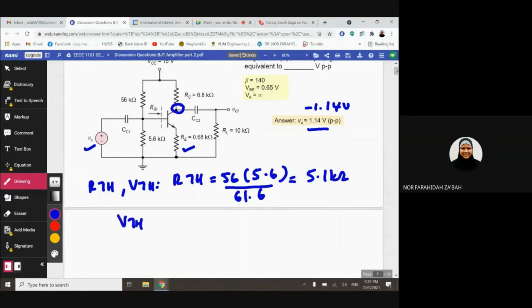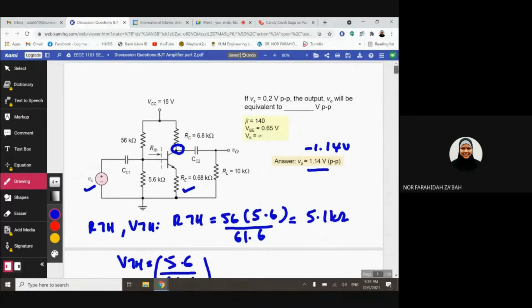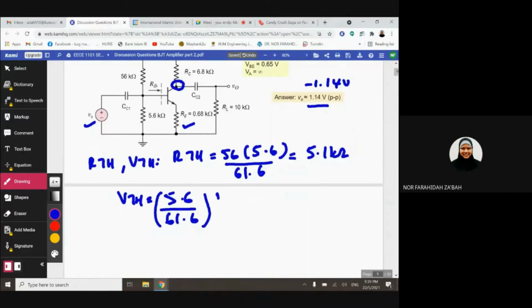Then VTH is equivalent to 5.6 over 61.6 multiplied with VCC, which is 15. So you will get 1.364 volt.